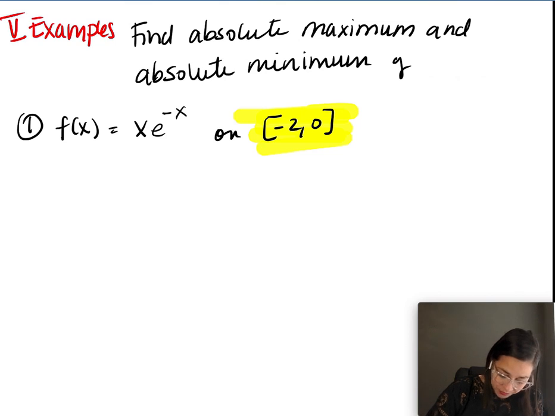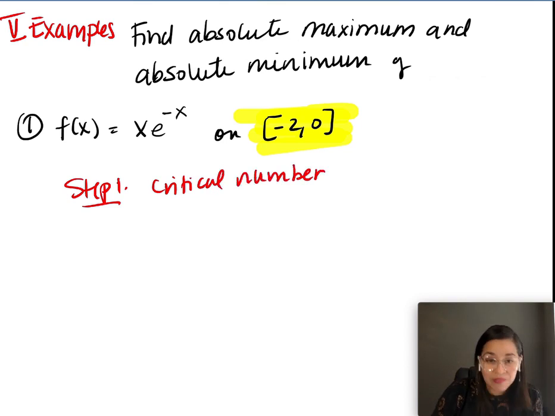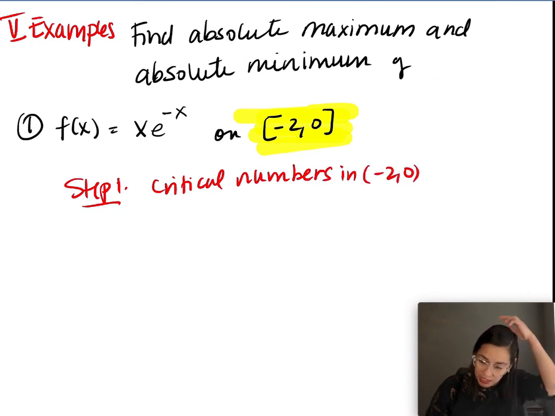Step 1, let's find critical numbers. We'll just use red for this. Critical numbers that live in between -2 and 0.